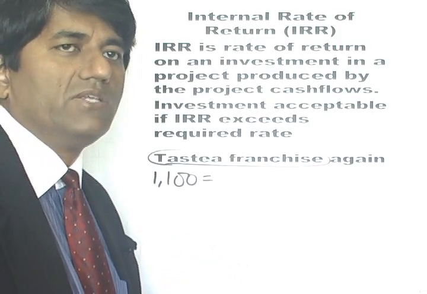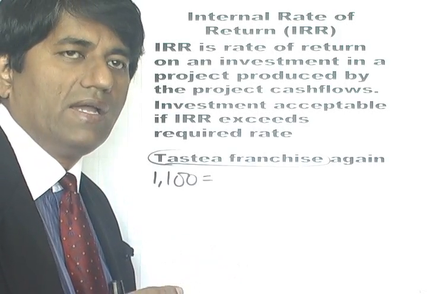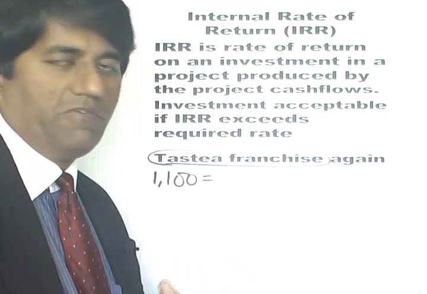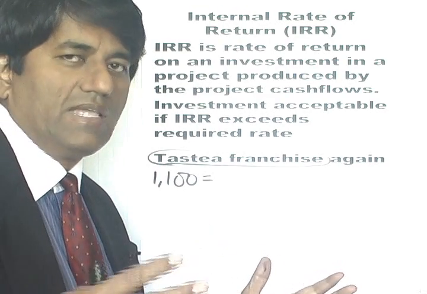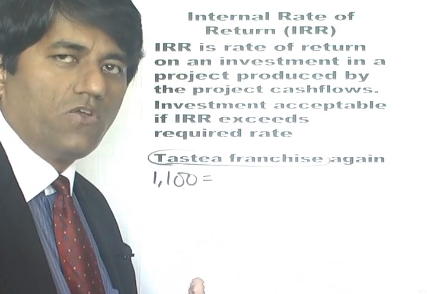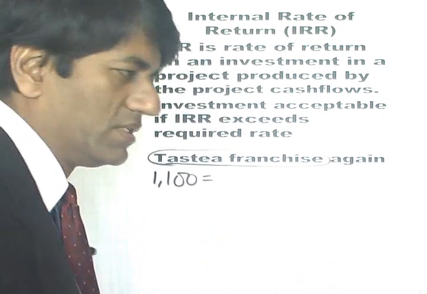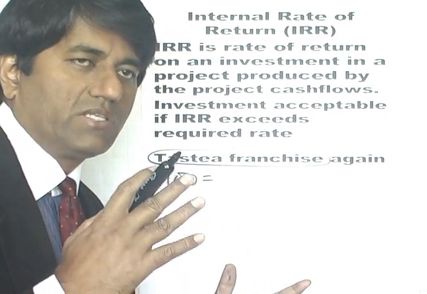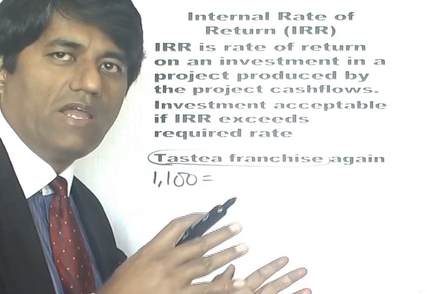What you're going to do is set the initial investment required to equal the discounted value of cash flows, which is like saying the same thing as what rate of return those cash flows produce on the initial investment.